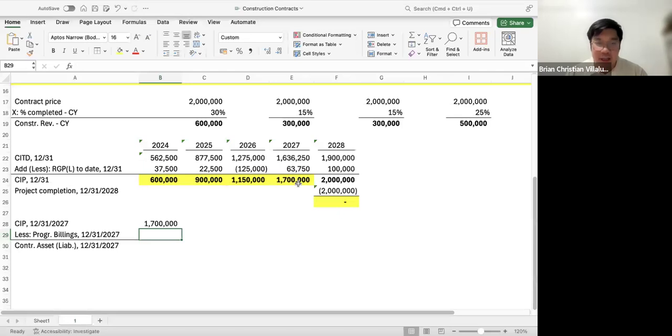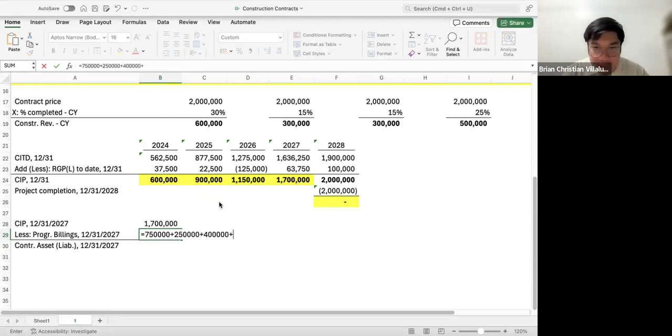So hindi sila cumulative. Do you copy? Yan. So kapag on a per year basis, you will simply add them until December 31, 2027 to get the progress billings at the end of 2027. So that would be 750,000 plus 250 plus 400 and ano isa? 450.